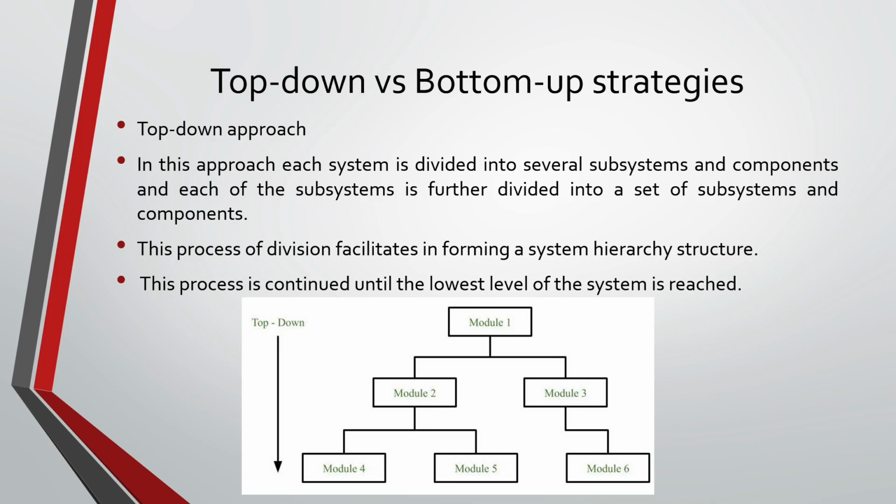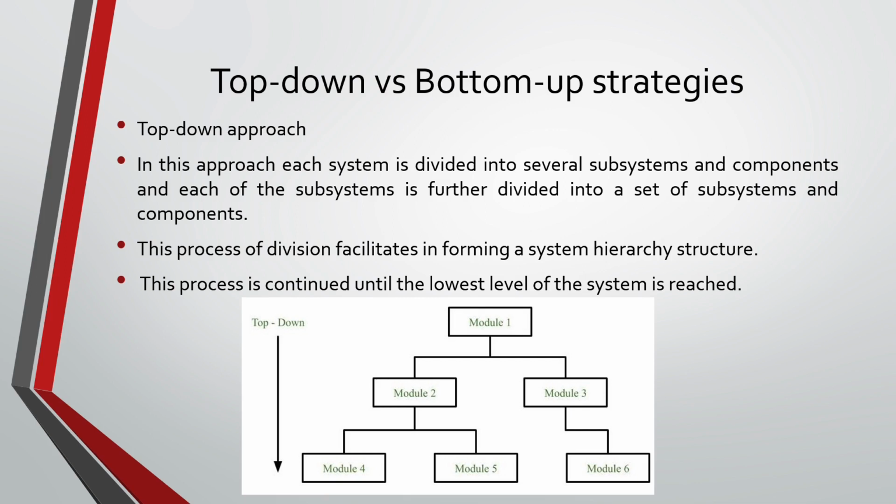Next we have the top-down versus bottom-up strategies. These are widely used in the design of software. First, the top-down approach. In this approach, each system is divided into several subsystems and components, and each of the subsystems is further divided into more subsystems and components.